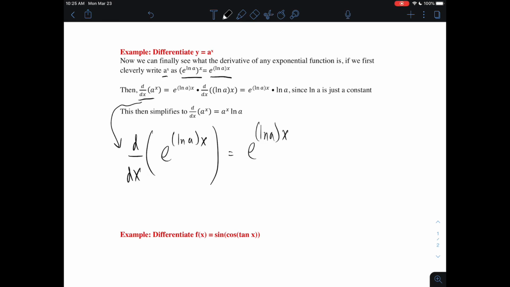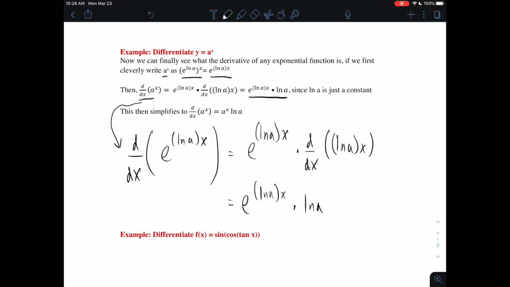And then we need the derivative of what's inside the exponential function with respect to x, which is just a constant times x. So that means the derivative is just the constant natural log a, which is what we have there.